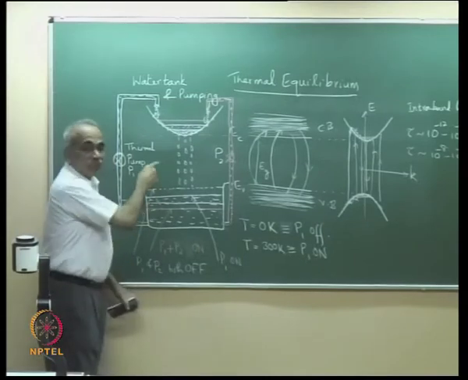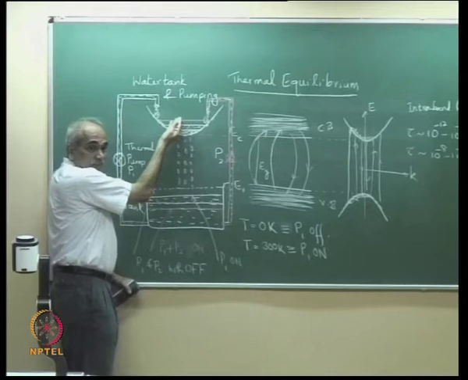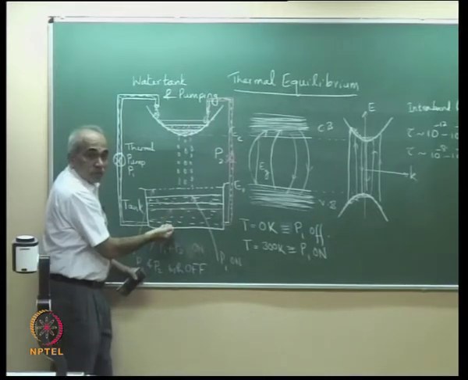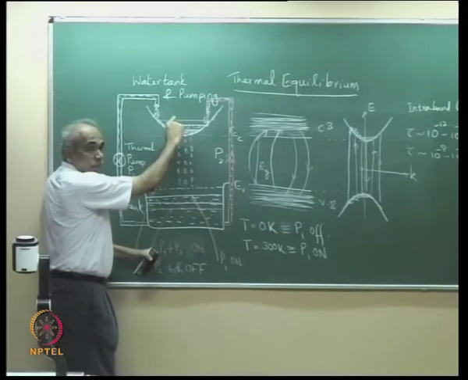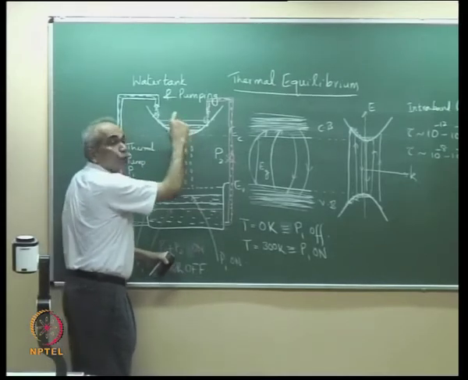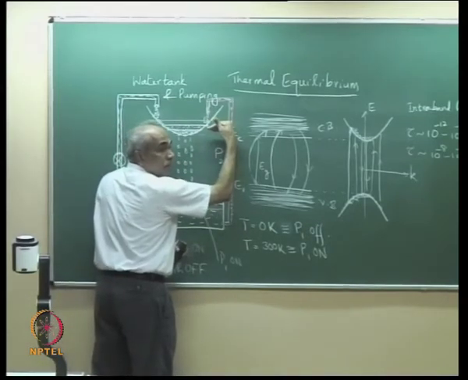But you need two Fermi functions, one to describe this and another one to describe this. Why two Fermi functions? Because the carrier density here is so large that you have to bring the Fermi level here up.